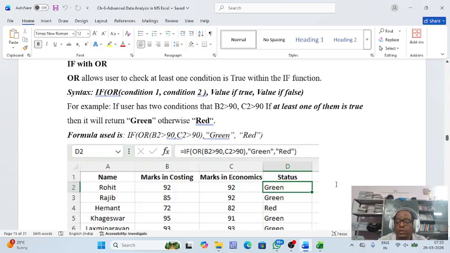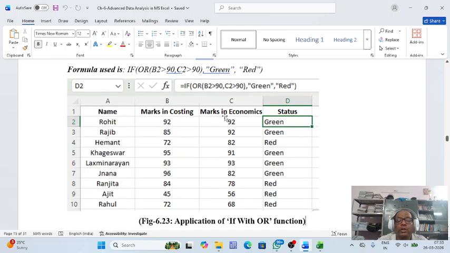Now suppose in this case both the marks are greater than 92, it is green. One mark is 92, second mark is 85, then also it is green because one condition has been fulfilled. But when the two conditions are not fulfilled, then only it will show red. In case of IF AND, both the conditions should be fulfilled to get green.